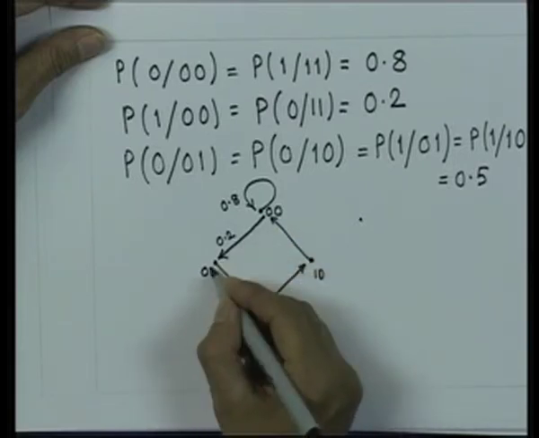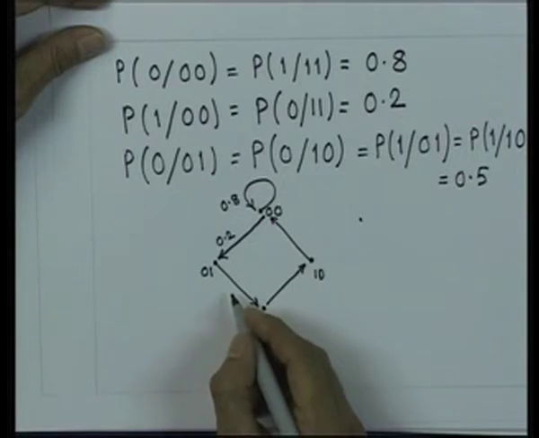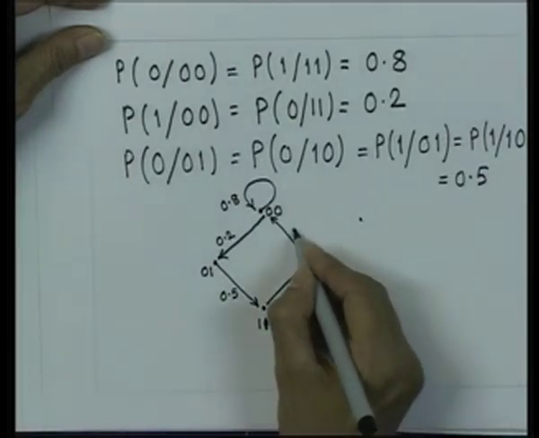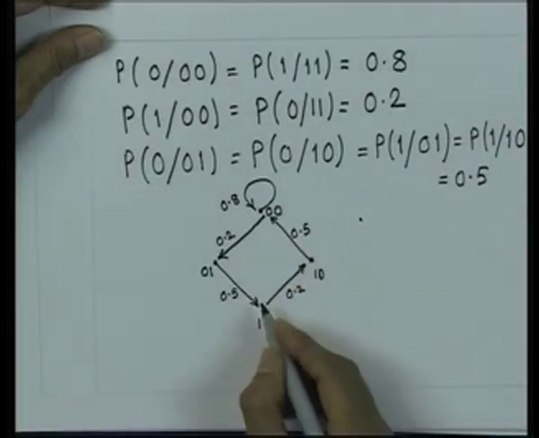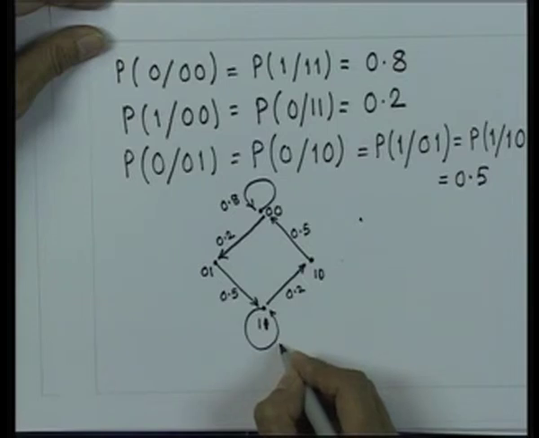So, this is the arrow which indicates a move from 0 0 to 0 1, and then from this I have 0.2 and 0.5, and the probability of 1 occurring given 1 1 is 0.8.